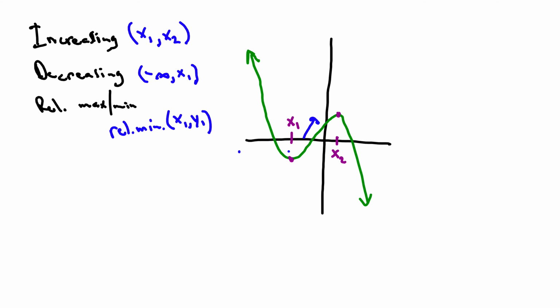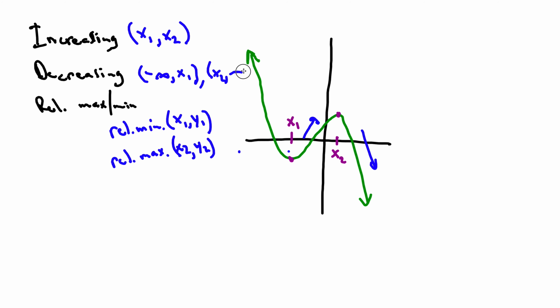And last but not least, it'd be decreasing again after that point, right? Oh, wait, I already missed it. We have something else happening here, a relative max at a point x sub 2, y sub 2, right? So that being said, what happens? Well, we can say then it's decreasing, starting at x sub 2 but not including it, all the way to, well, what's this x value here?